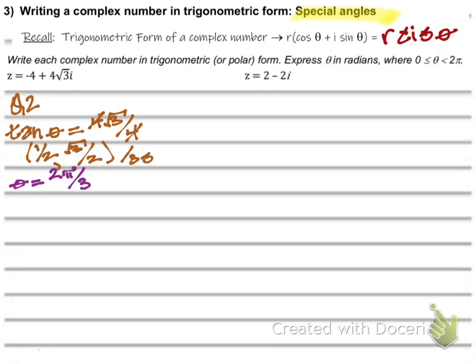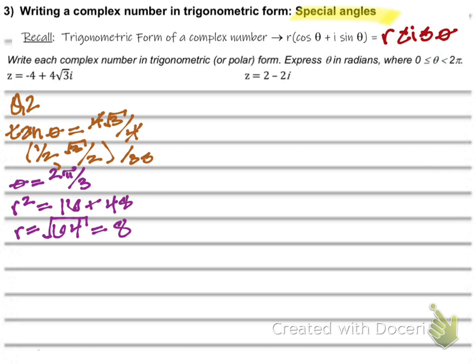Next, we want to find r. And we know that r squared is a squared plus b squared, right? So r squared is 16 plus, let's see, we're going to have 16 times 3, 48. So r is the square root of what, 64, right? Which is 8. So I'll write it out the whole way this time.